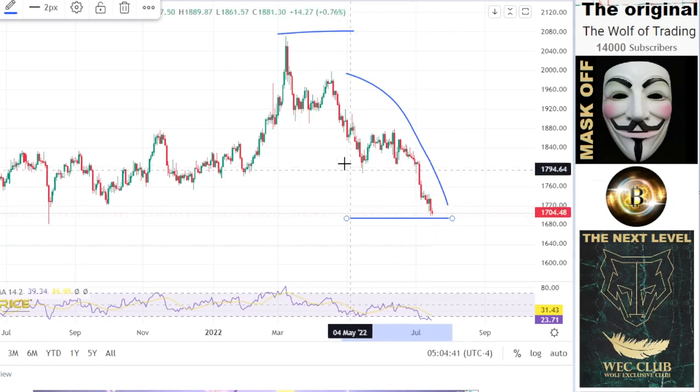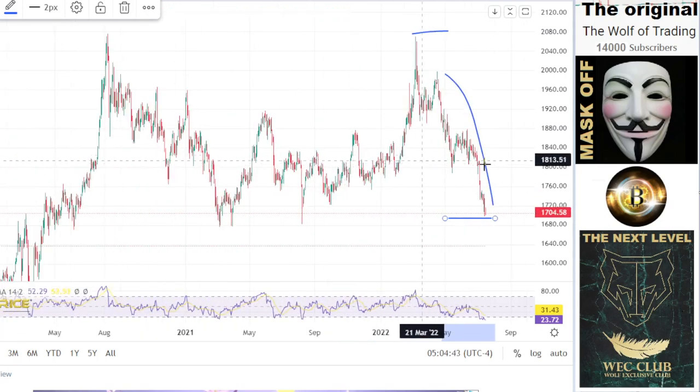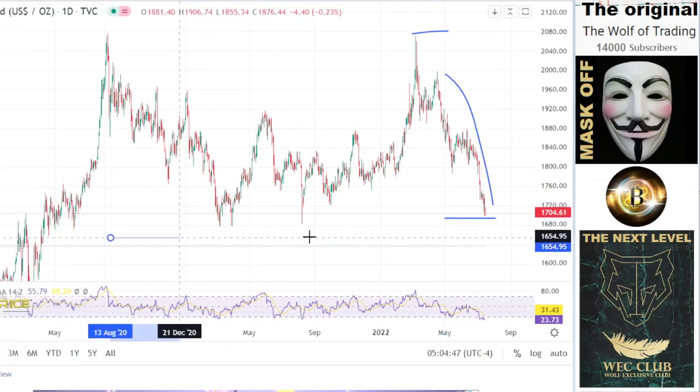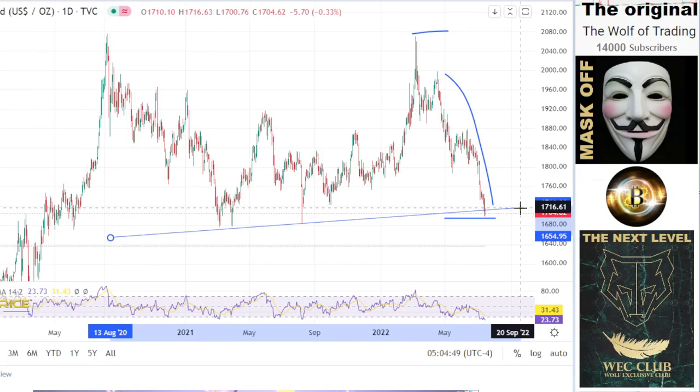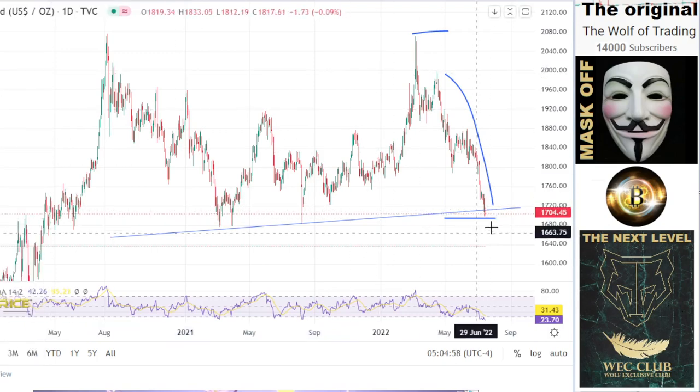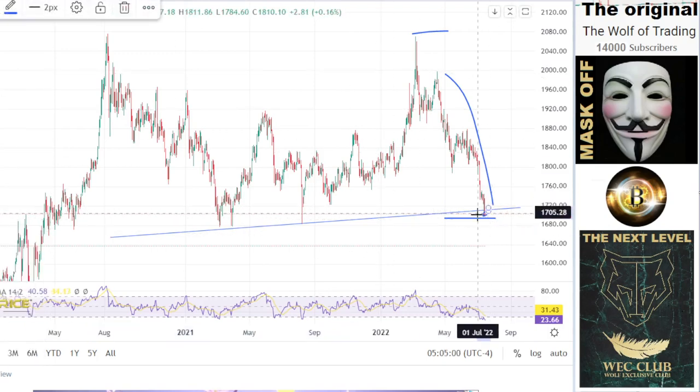So we are here, and the current situation at gold is that we test this level here. This is exactly like the Bitcoin chart: this is a weak structure.